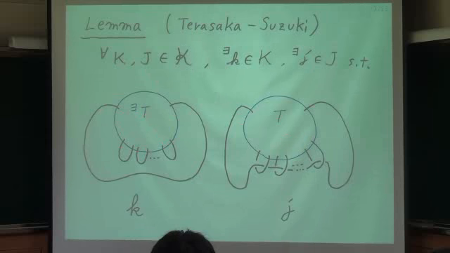These two parts are identical, and the only difference is inside the tangle, like this. There may be some number of strings. Actually, we can take this to be the Gordian distance, the number of crossing changes necessary to deform K to J. Today I don't show how to prove this, but it is a known fact in knot theory.